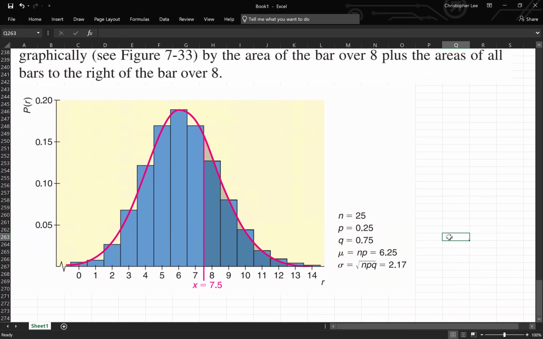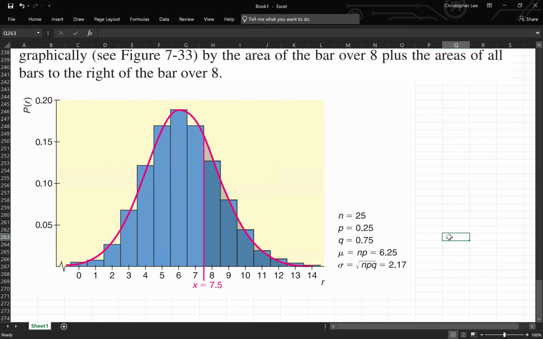So what I'm saying is, I want the area from 8 going this way. Just graphically speaking, what we're trying to do. But we don't want to actually calculate that because that's a lot of work: 8, 9, 10, all the way to 25, right?